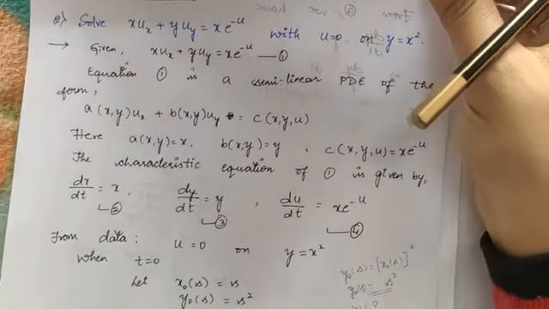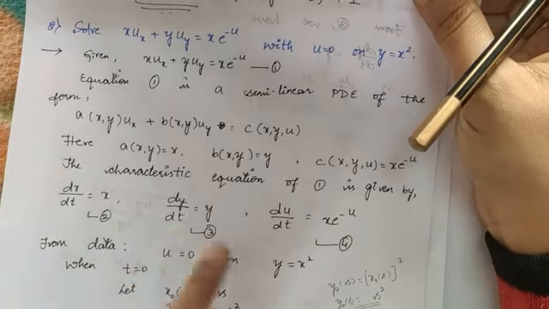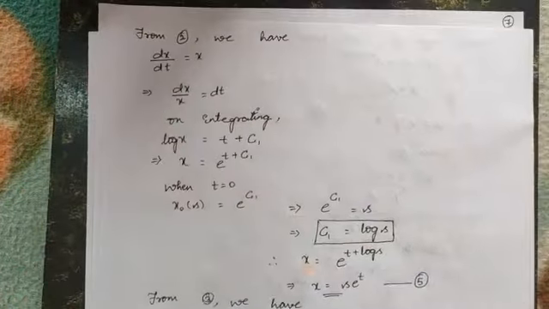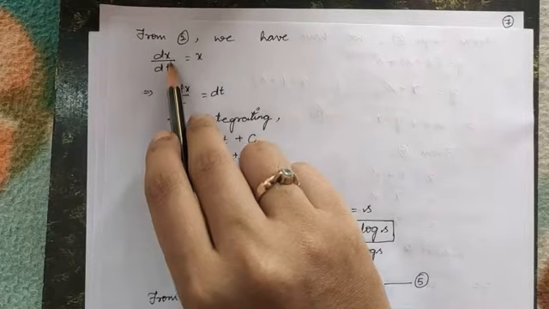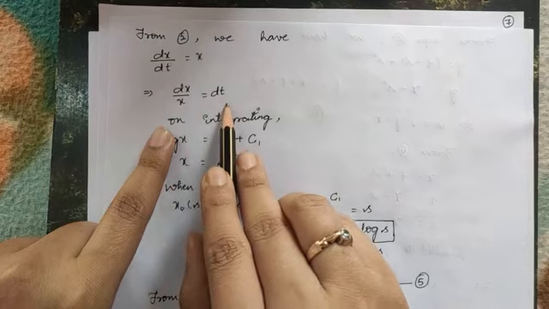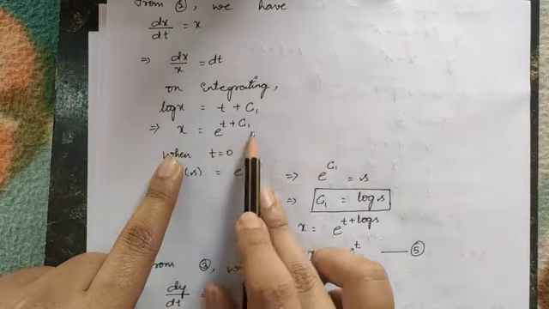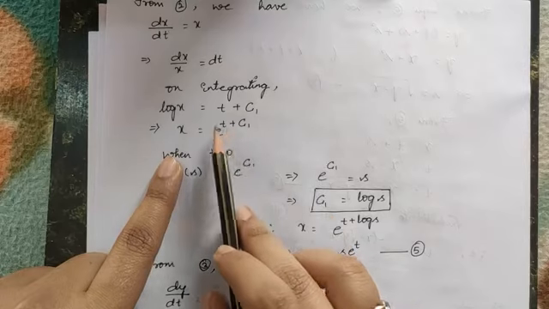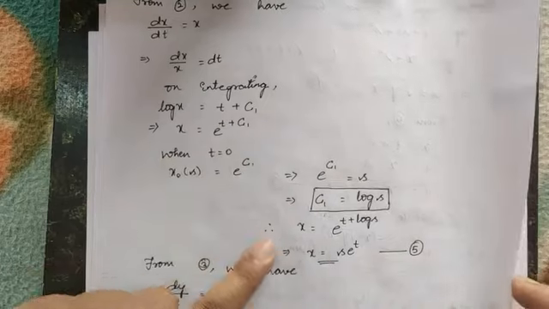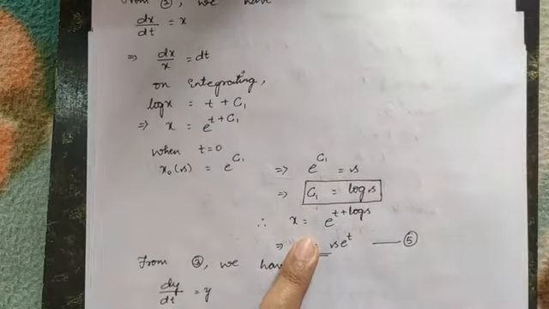So now let's consider the equations one by one and find out the values of x, y and u. First I have taken equation number 2. Using the variable separable method, I can write dx by x is equal to dt. On integrating this, you will get x is equal to e power t plus c1. When t is equal to 0, I will find the value of c1, and if you substitute this value here, you will get the value of x.